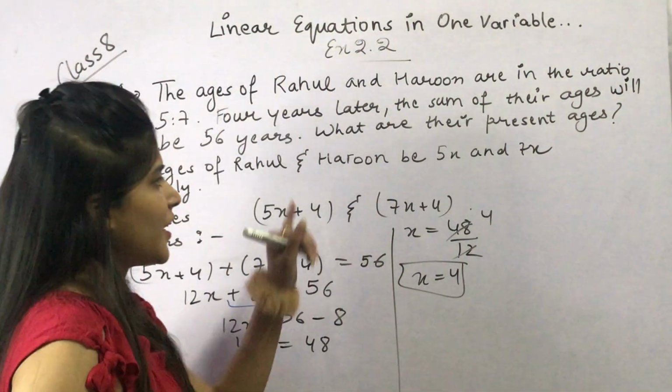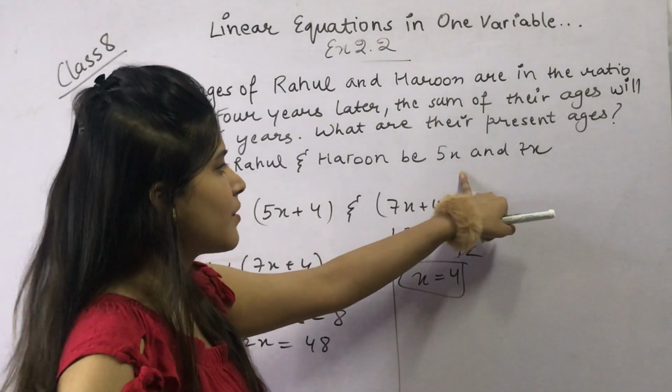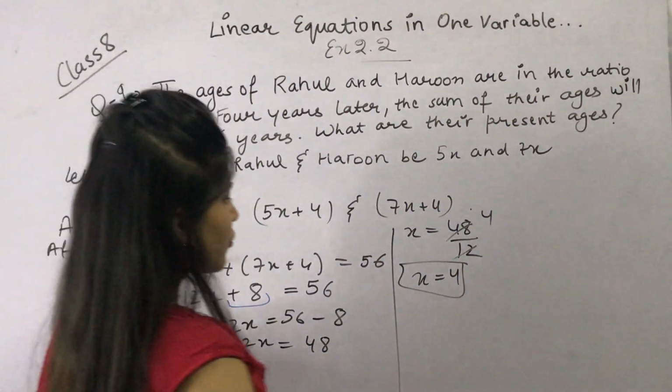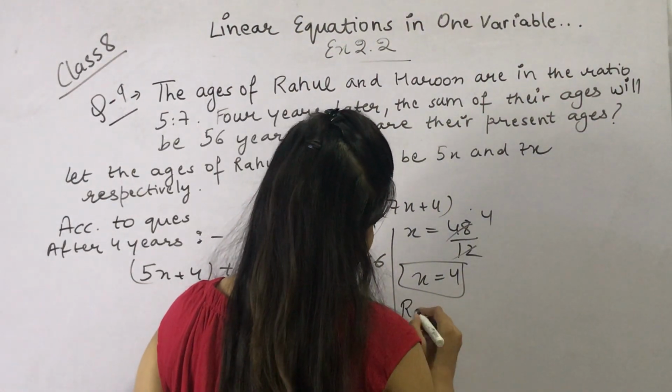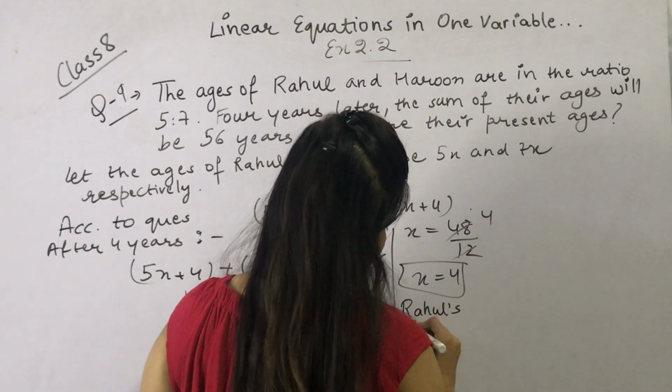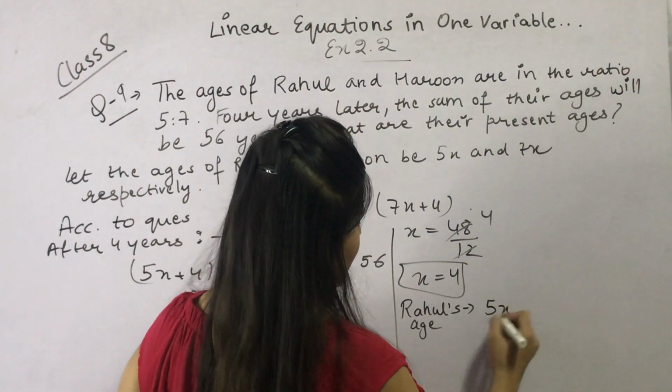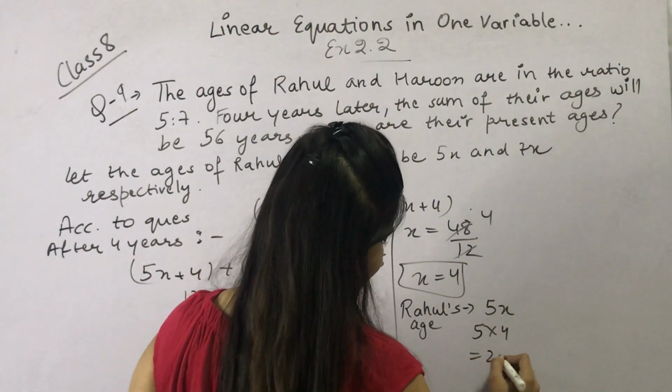But we need the ages of Rahul and Haroon, which is 5x and 7x respectively. Okay? So Rahul's age is 5x. So 5 into 4, 20 years.